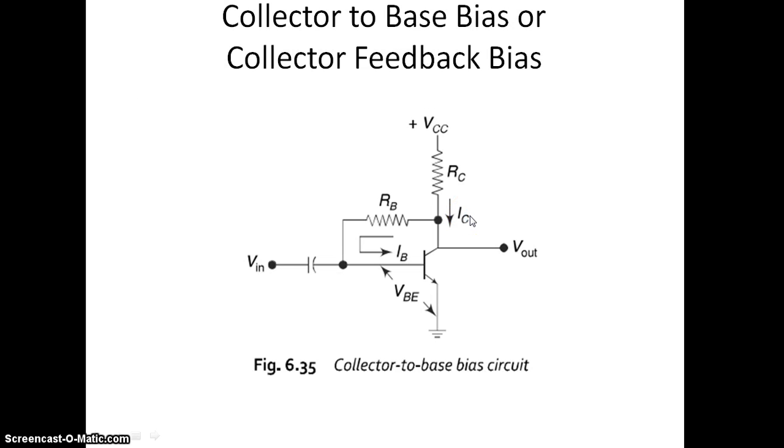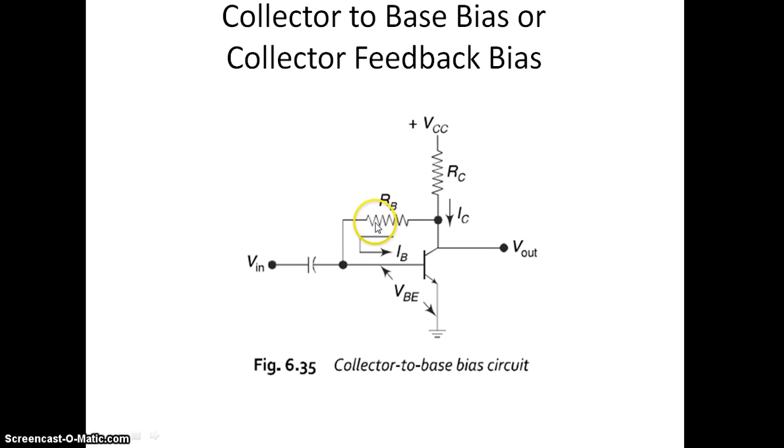Next circuit. We have seen two biasing circuits: one is fixed bias or base bias, and another is emitter bias. Next, the third category is collector to base bias or collector feedback bias. Here, from collector to base there exists a feedback resistor. In the previous fixed bias circuit we took the base resistor from VCC.